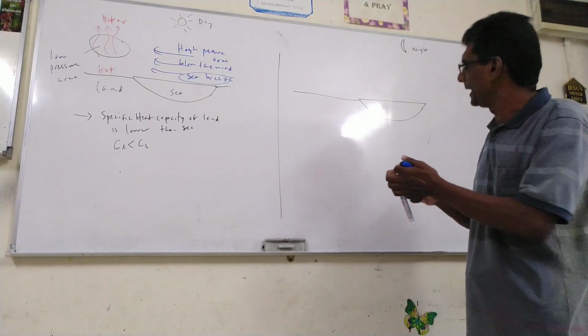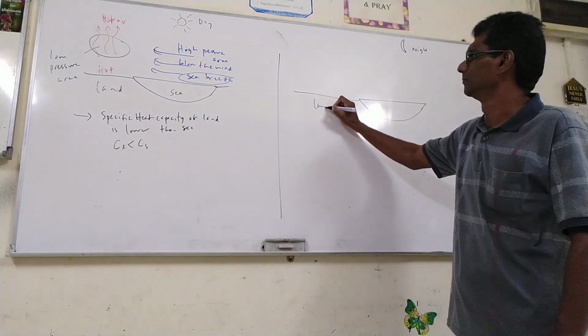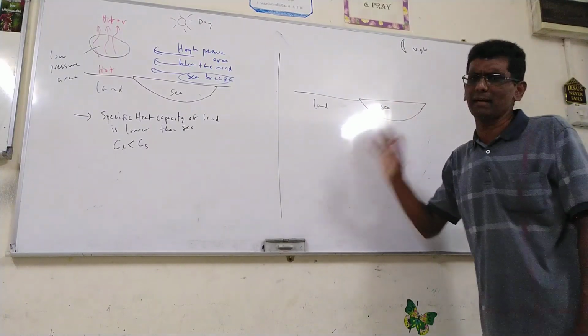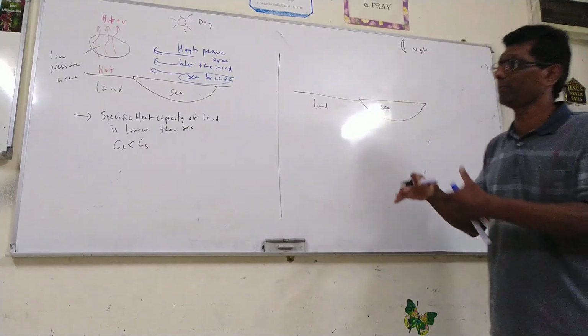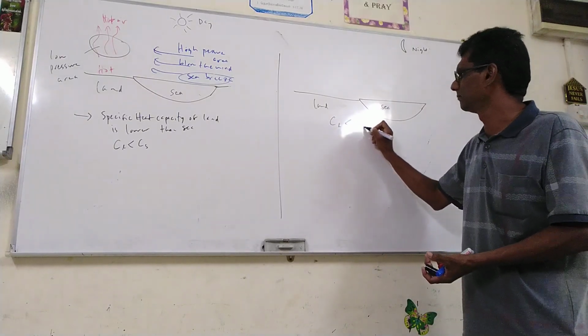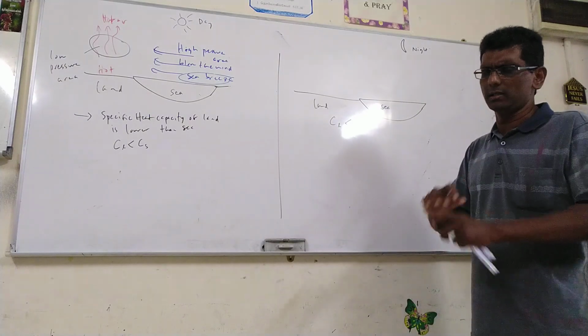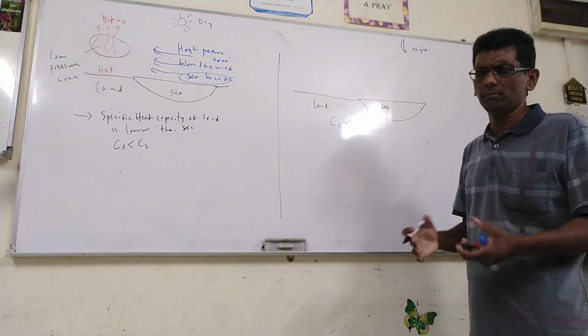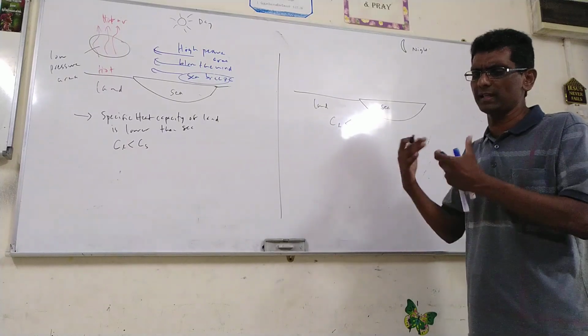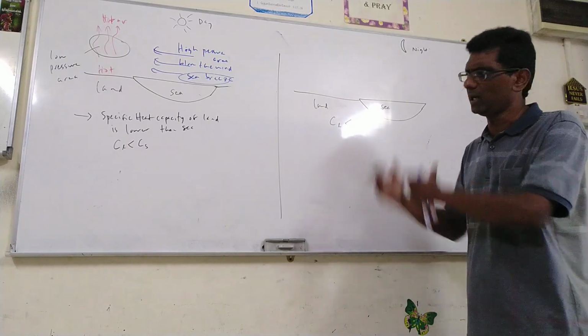Again, land and sea. Nighttime is the same thing. At nighttime the specific heat capacity of land is lower than sea. Day and night, the material is the same. Land has a lower specific heat capacity than sea.